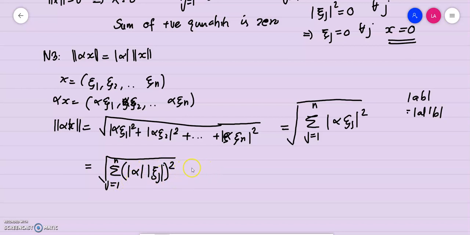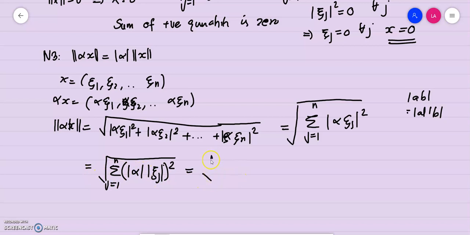Which can further be written as modulus of alpha square into modulus of theta j the whole square, and the summation over j does not affect modulus of alpha. So we can take modulus of alpha square common outside.